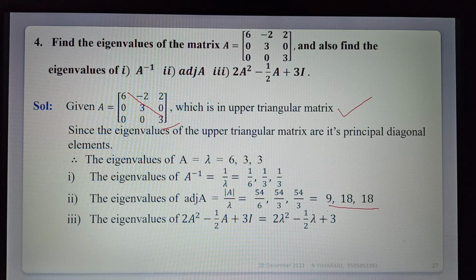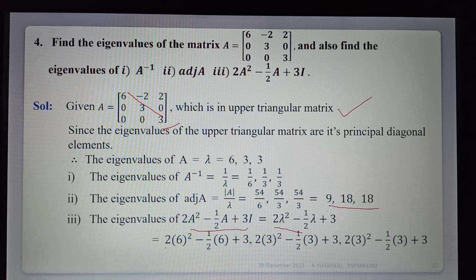Next, the eigenvalues of the polynomial 2A square minus 1 by 2A plus 3I. So for a polynomial matrix the eigenvalue is f of lambda, that is, in place of A, replace lambda, that is equal to 2 lambda square minus 1 by 2 lambda plus 3. So in place of lambda, substitute the eigenvalue.